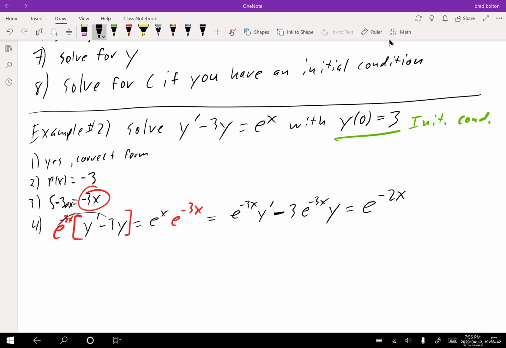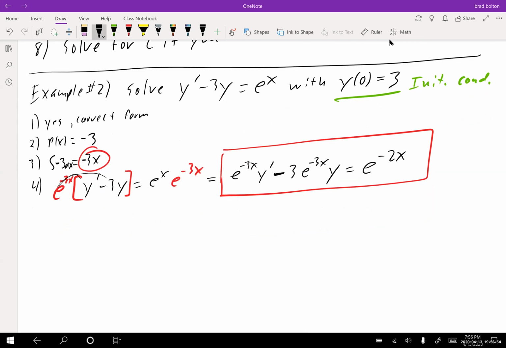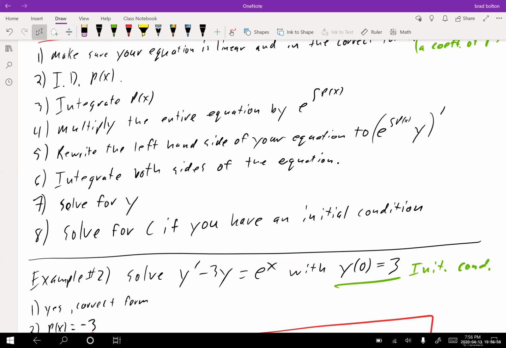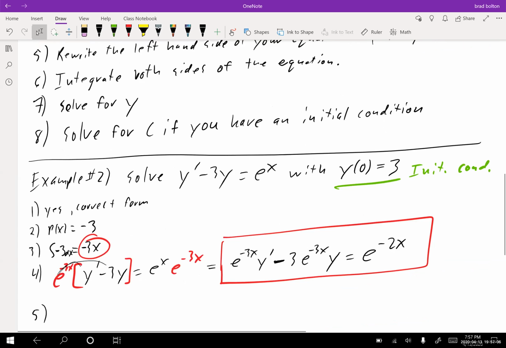Okay, looks good. Now here's kind of the rub, okay? So far, this is what we have. Step 5, now this is kind of the one that needs a little explanation. It says rewrite the left-hand side of your equation to be e to the integral of p of x times y, and then the whole thing prime.